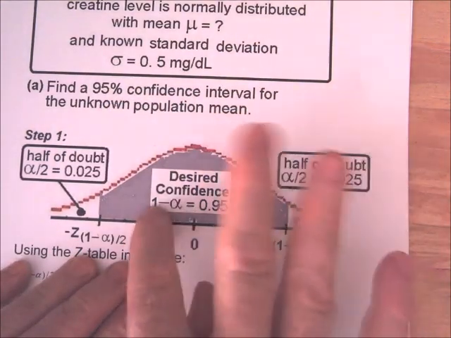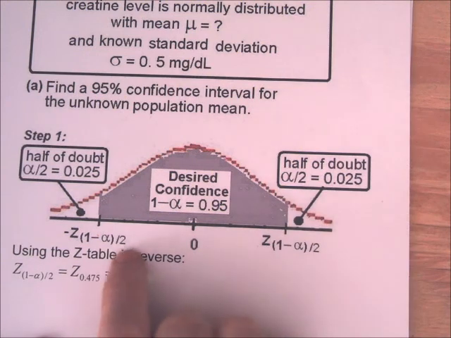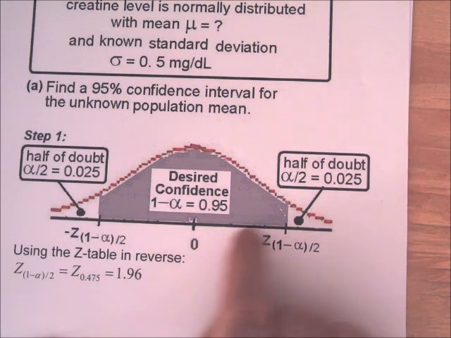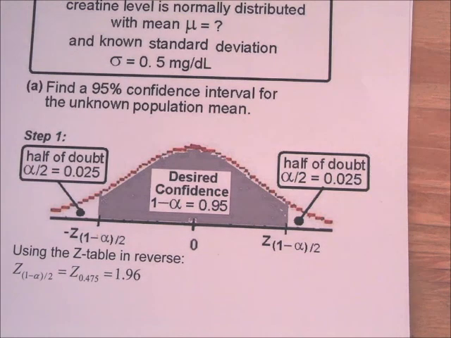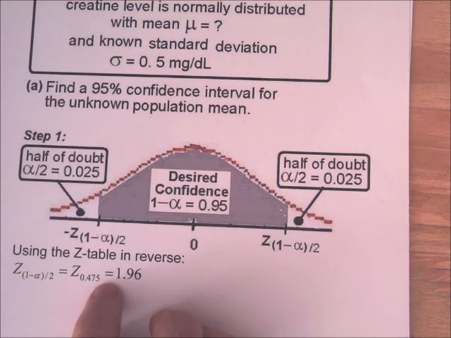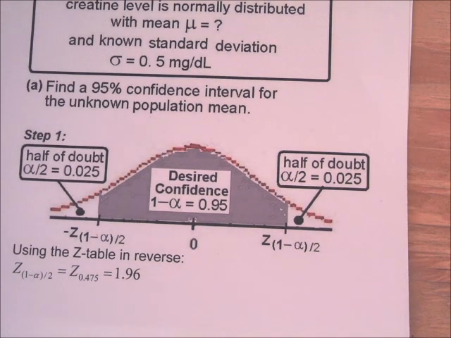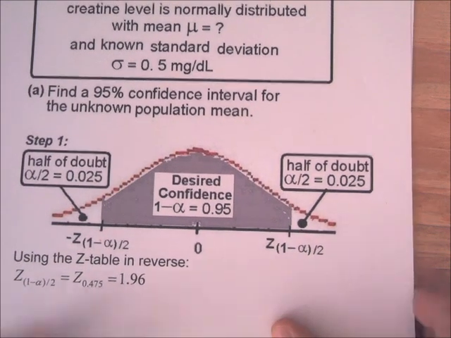It doesn't show this piece here. So instead of looking up 0.95, I'll take half of that, look up 0.475, and I'm using the table in reverse, and 0.4750 is in row 1.9, column 6. So the z-score that goes with that probability is 1.96.